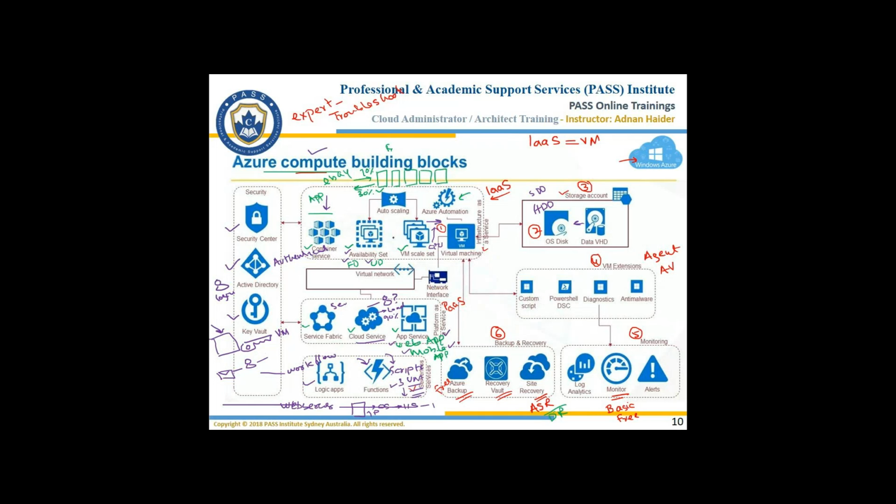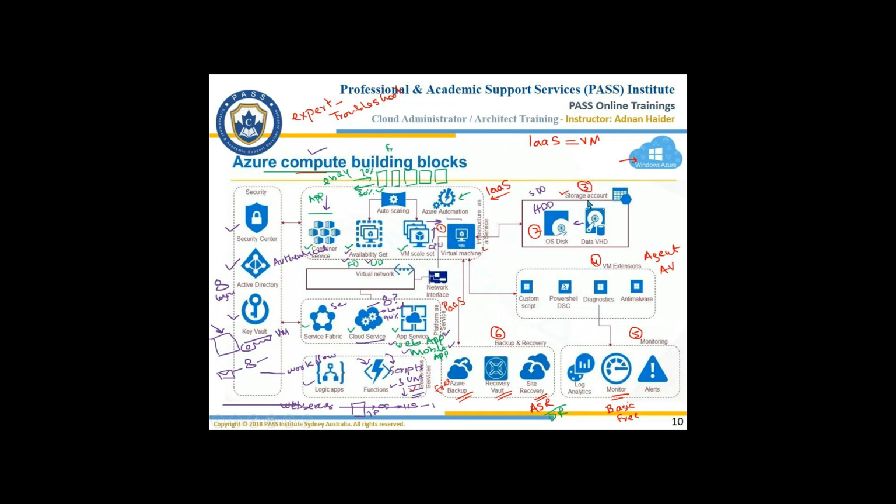So today we discussed the compute building blocks, just in a nutshell, in a brief summary. The VM has three types of offering: infrastructure as a service, platform as a service, and serverless. In infrastructure as a service, when you create a VM, the very first thing that happens is it creates the OS disk.